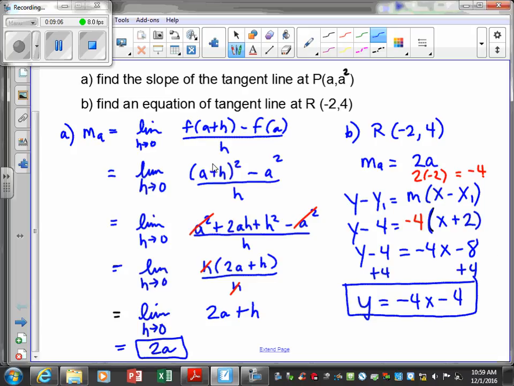This is going to be the equation of the tangent line at the particular point R. The first thing they asked us to do is to find the slope of the tangent line. So we found that slope to be 2a, but they also gave us the point, in this particular case we knew our a was -2 for part B. So when we knew that, we could actually get a number value for our slope, plug that in, and then we can find the equation of the tangent line.